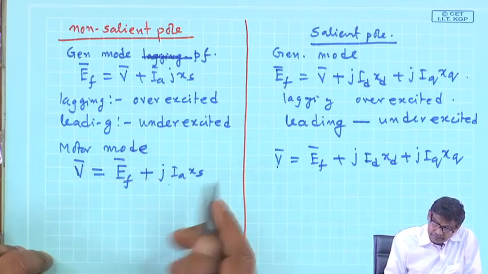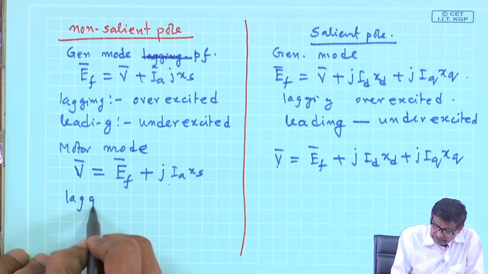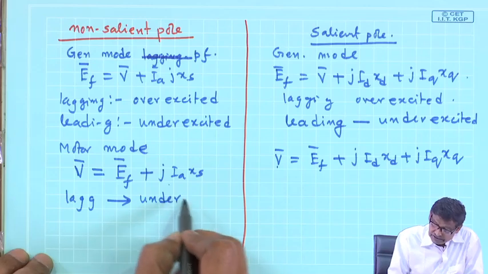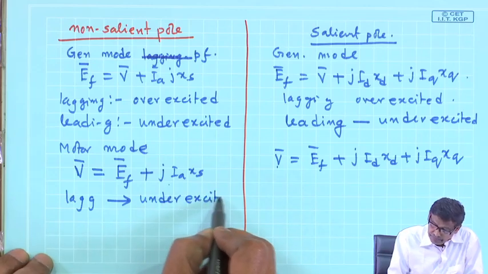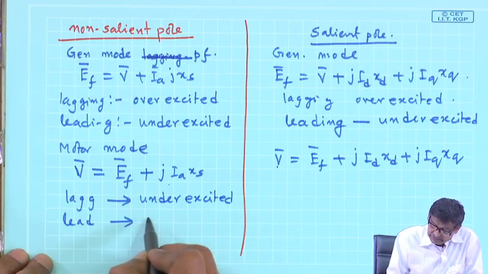And similarly, of course, in motor mode, lagging power factor means under excited, opposite, and leading power factor is over excited.